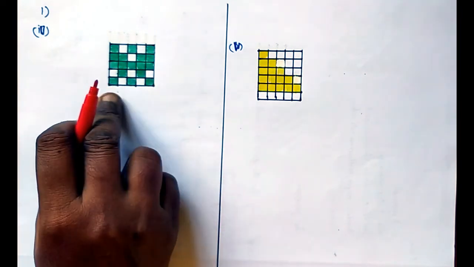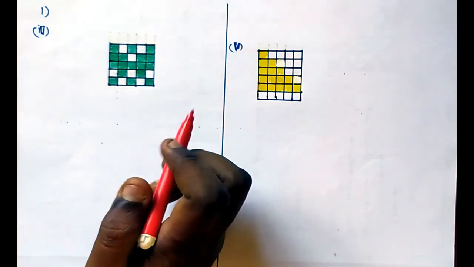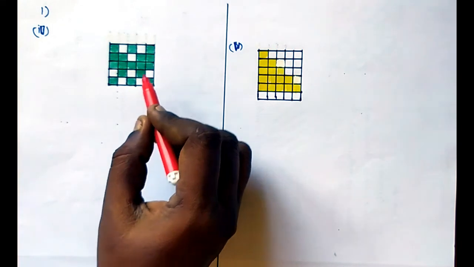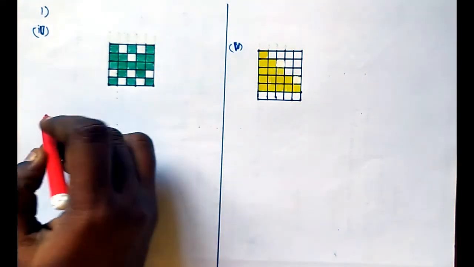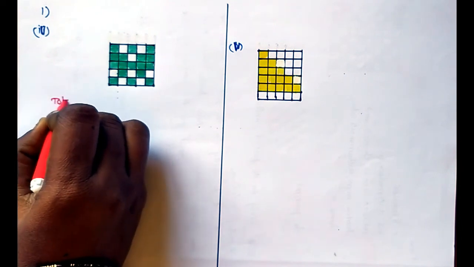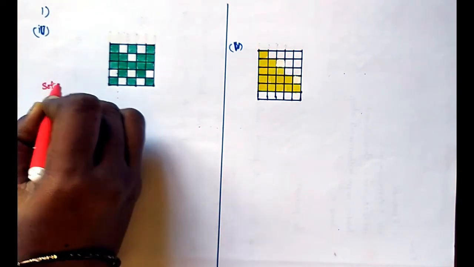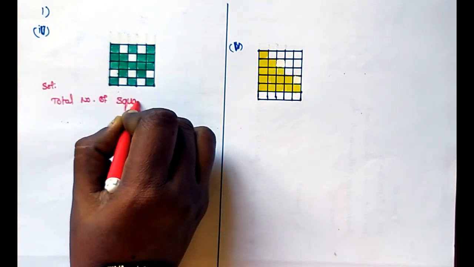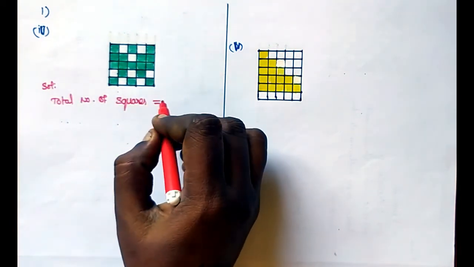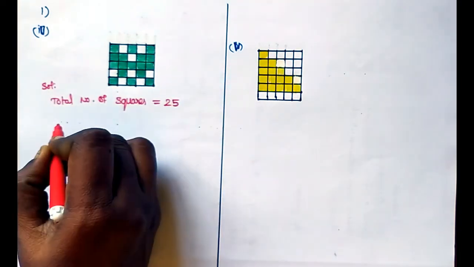First sum, fourth subdivision. Listen to this one. Here 1, 2, 3, 4, 5, 5 rows, sorry, 5 columns and 5 rows. So the total number of squares is 5 into 5, 25.